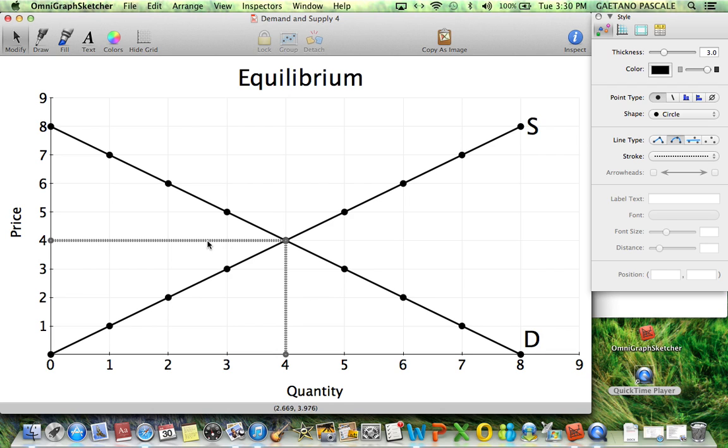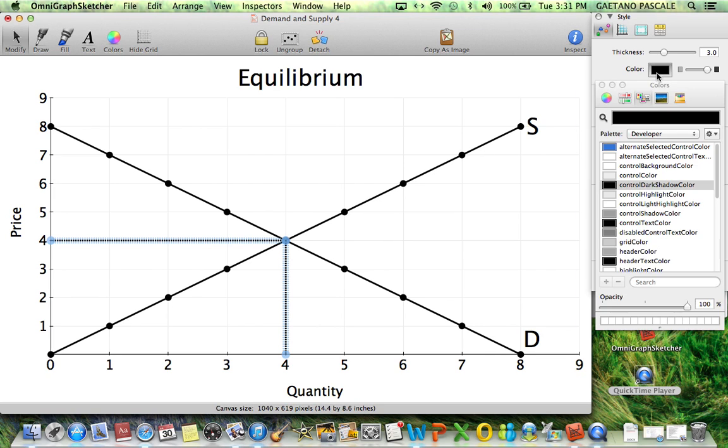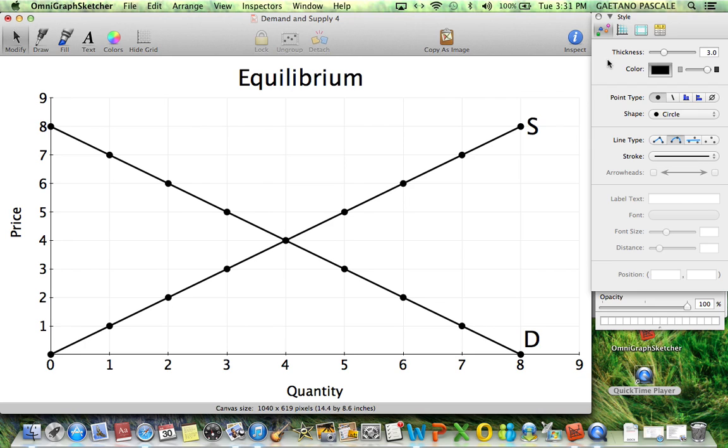Let us assume that we do not see the equilibrium price in the marketplace. So let me get rid of that equilibrium price. I'll make that opaque so we can't see it. Let's assume that the price we observe in the marketplace is below the equilibrium price.